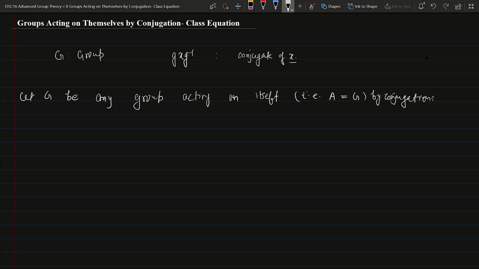Conjugation means we have this operation g star a is the same as g a g inverse, for all g belongs to G and a belongs to A, that is equal to G.